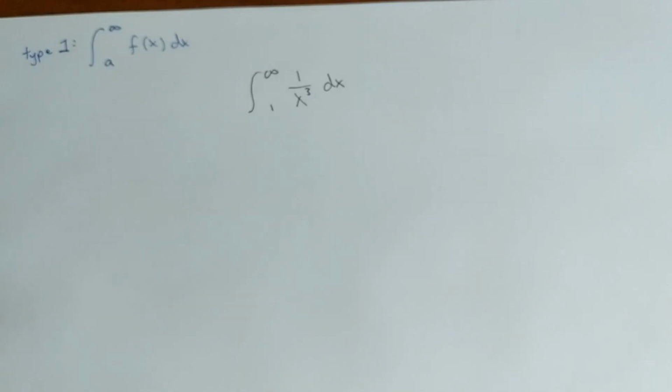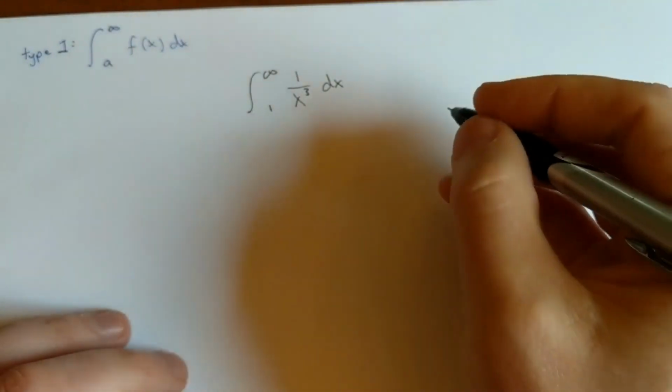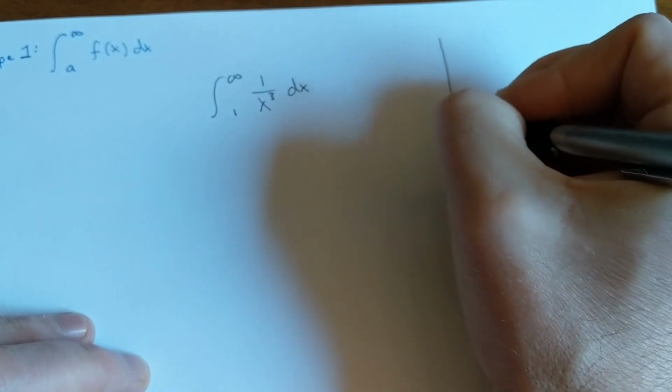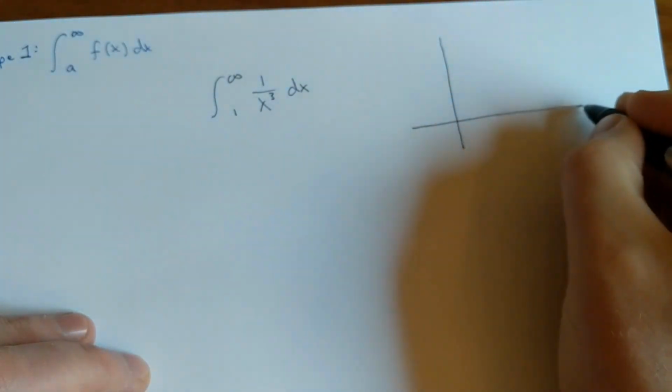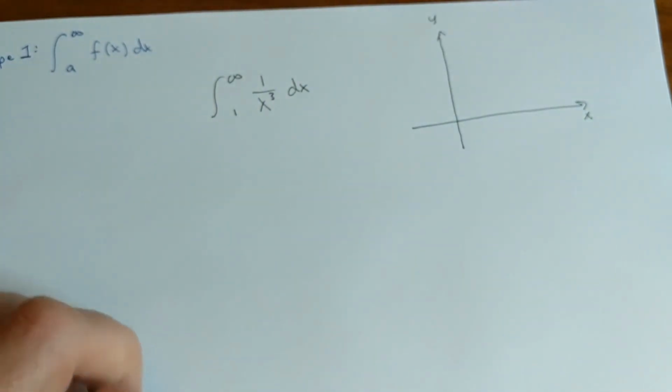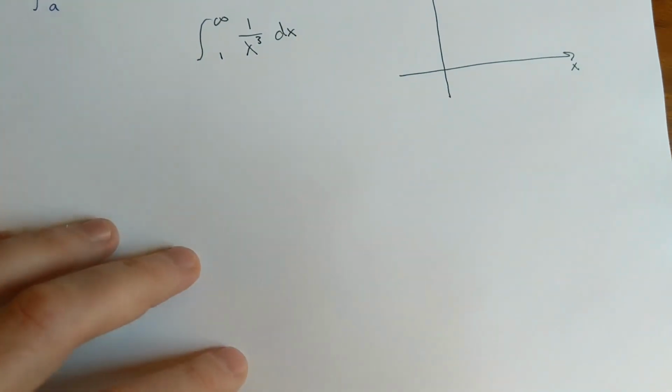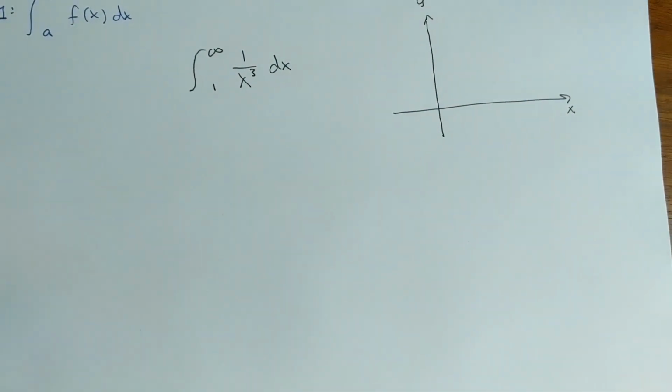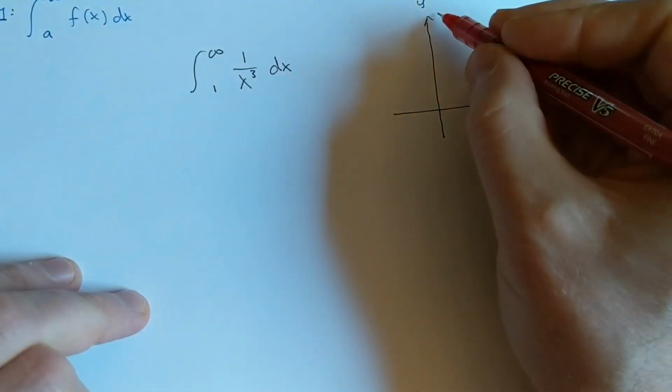Okay, so let's think about what this function looks like, at least on the domain that we're interested in, from 1 to infinity. This function is going to do this.